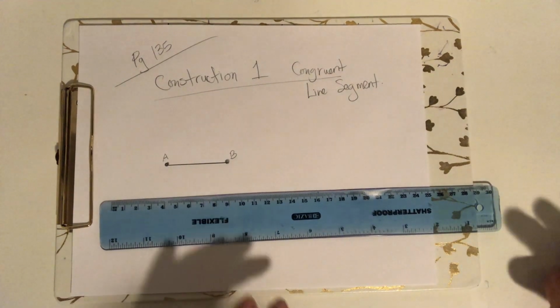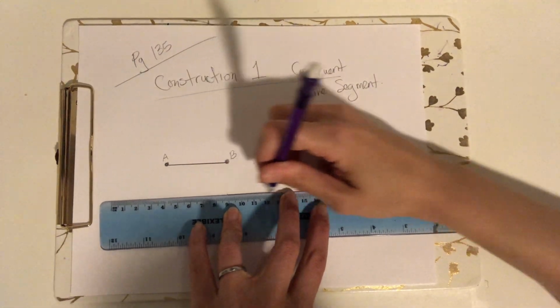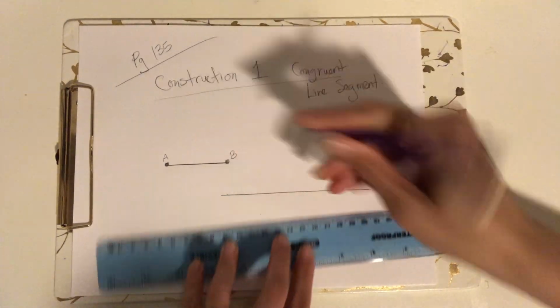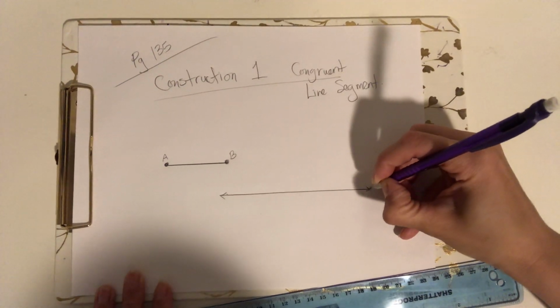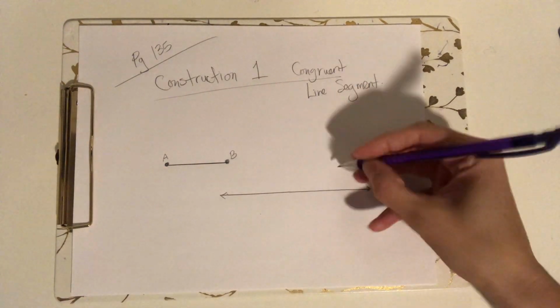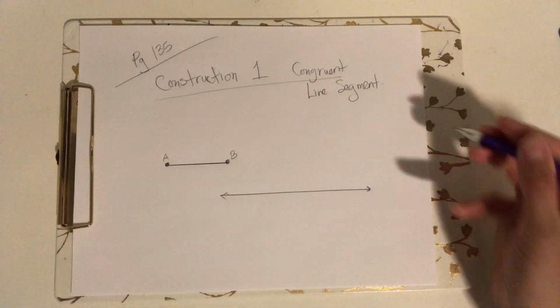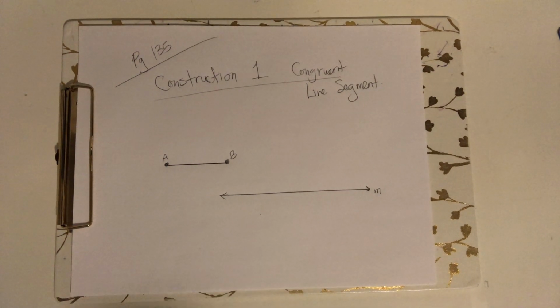So the first thing that you'll do is wherever you want to make your congruent line segment, you want to give yourself a line. Now, how long is your line? Well, infinitely long technically, right? But we're going to represent that generally with these arrow points on either side of our straight line trajectory, and we'll call this line M. Okay, so I'll use a lowercase m to designate that.